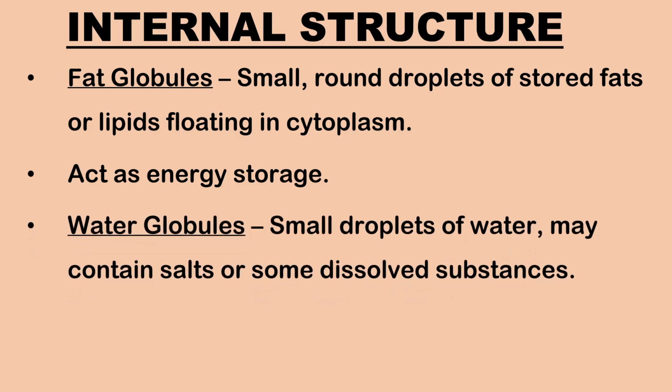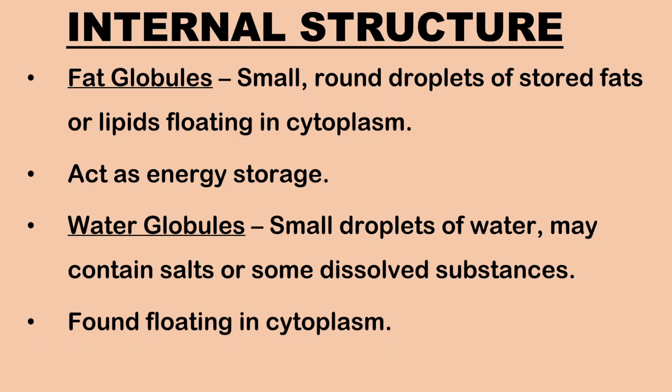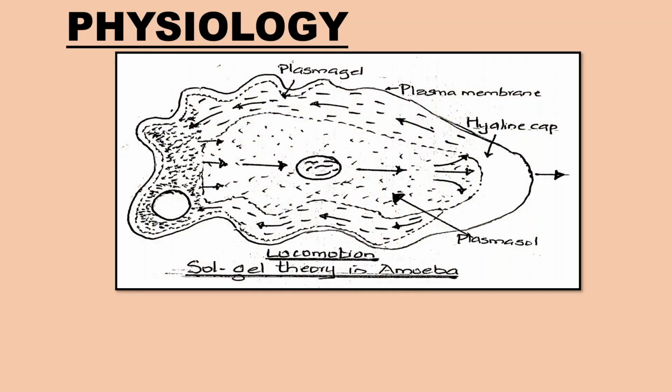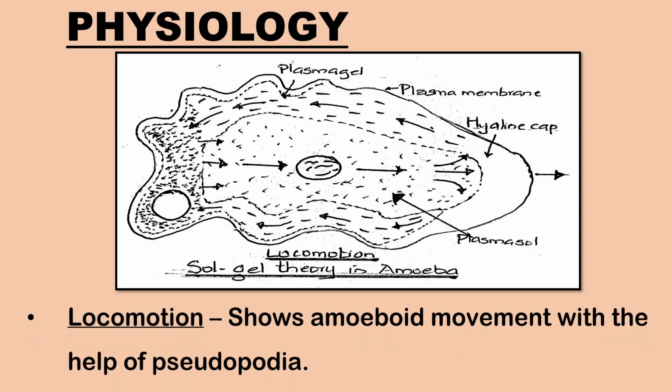Water globules are small droplets of water which may contain salts or some dissolved substances. They are also found floating in the cytoplasm. Next, let us learn about the various physiological activities taking place in the cell of amoeba. First, let us learn about locomotion.